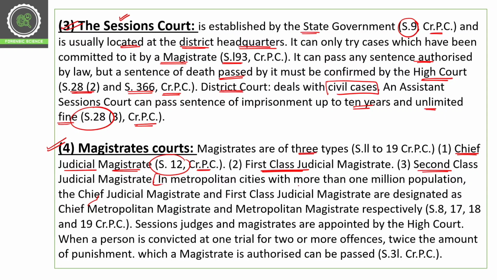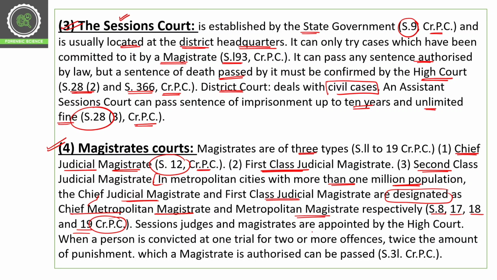In metropolitan cities with more than 1 million population, the Chief Judicial Magistrate and First Class Judicial Magistrate are designated as Chief Metropolitan Magistrate and Metropolitan Magistrate respectively, under sections 8, 17, 18 and 19 CrPC.